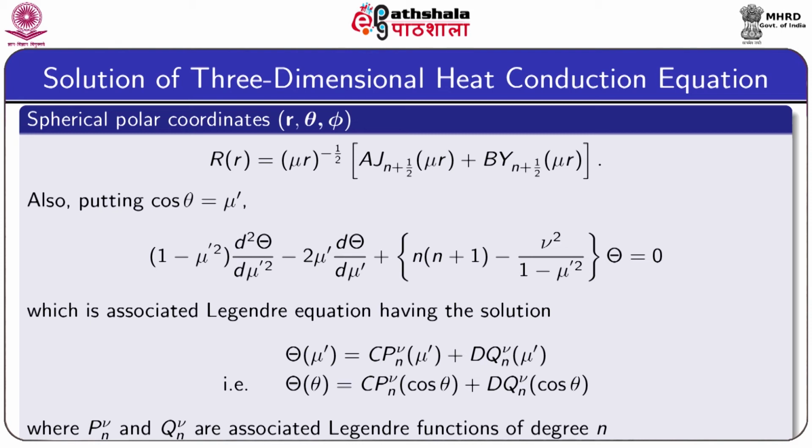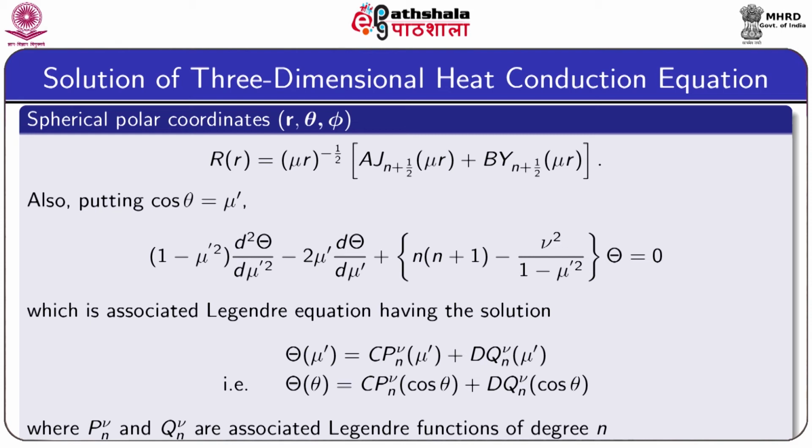Therefore, the solution can be written as a linear combination of associated Legendre functions of the first kind and second kind, shown here: theta of mu dash equals c P n nu of mu dash plus d Q n nu of mu dash.